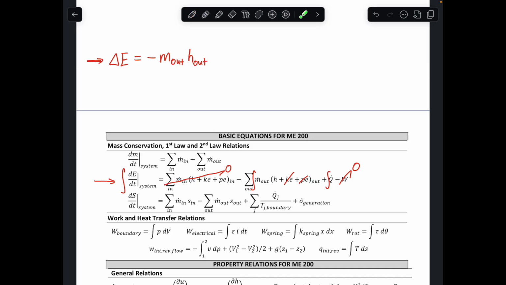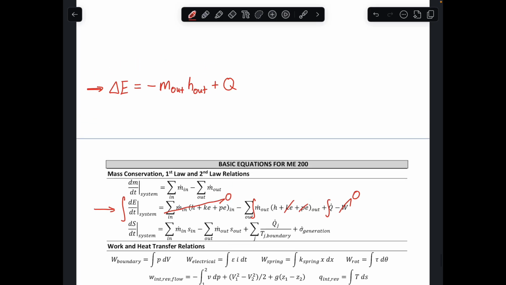For our Q term, the dot goes away, so this will just be the total heat transfer Q. We can also remember that our total change in energy, delta E, is comprised of changes in total internal energy plus changes in total kinetic energy plus changes in total potential energy.